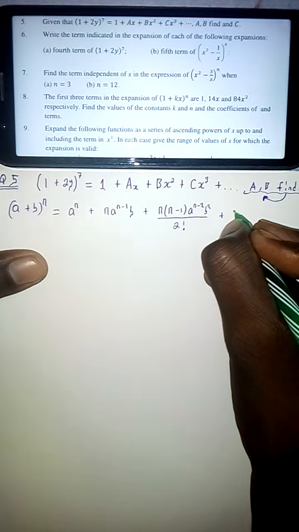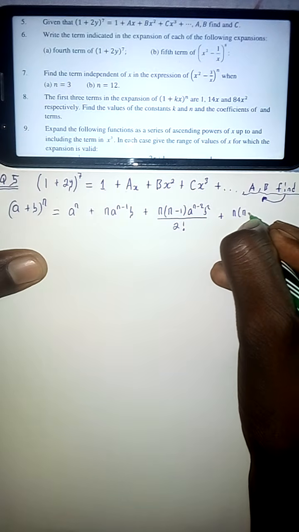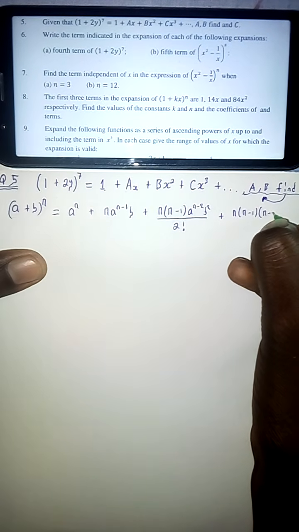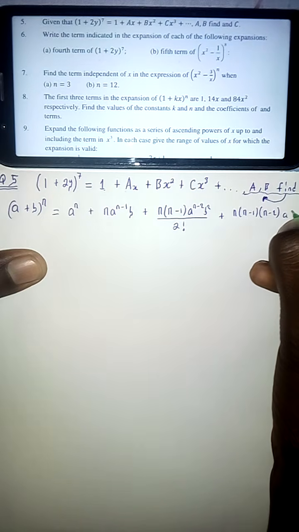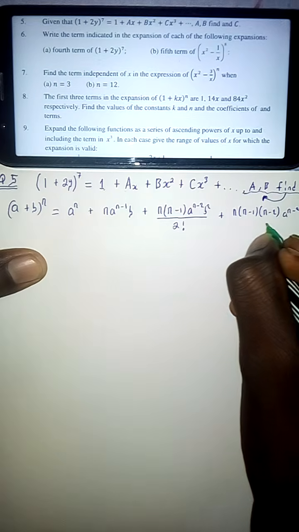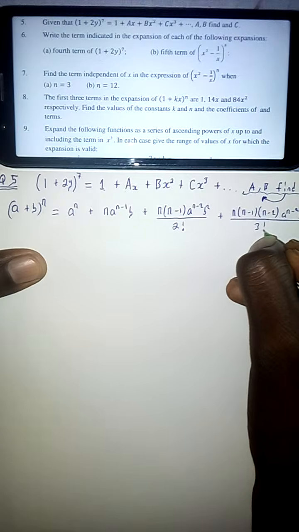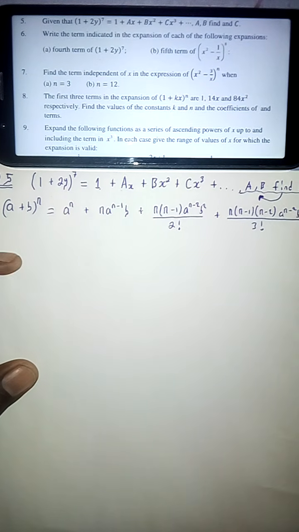What about for the fourth one? n minus 1, n minus 2, and then we're going to have 3 factorial here. All right, this is it, guys. So with that we can actually proceed.